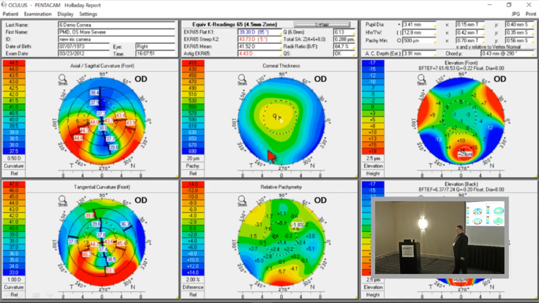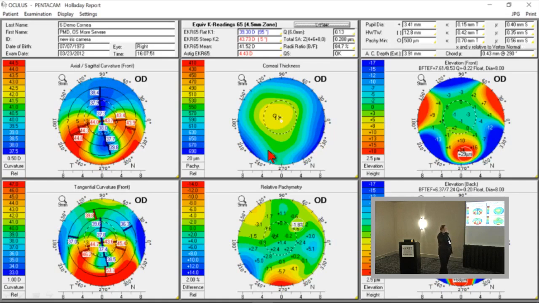It's irregular. Well, that's not normal. Okay? And then we look down here and we see steep below, kind of arcing in. We have a thinnest point down here, relative pachymetry map. And then these elevations that are in the periphery, one of which is below.